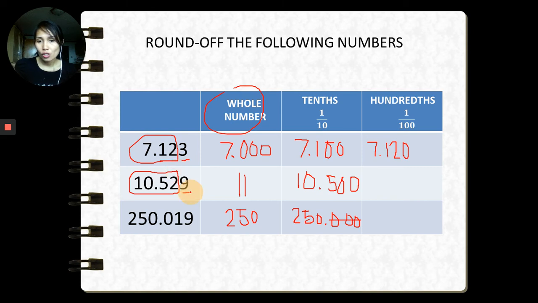Based on the next digit, it's 9. And 5, 6, 7, 8, 9 says you have to round up. So when we say round up, that means you have to add 1 to the digit on the hundredths place. So that becomes 10.5.